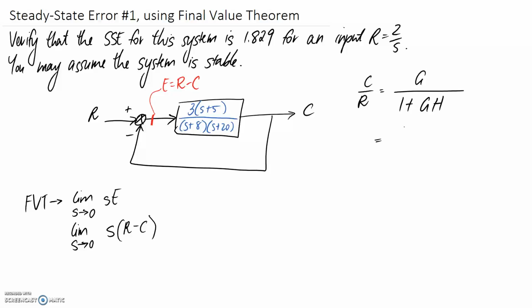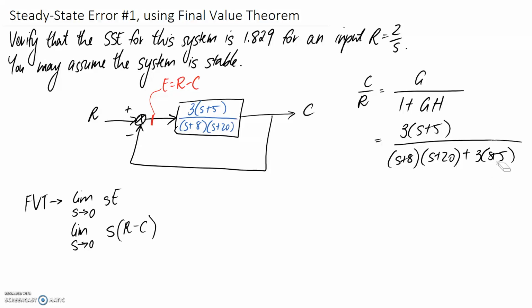So I'm just going to shortcut it. For unity feedback, we know that whatever is on the top line of our open loop transfer function also ends up on the bottom line, added in, when we close the loop. Okay, let's just make that a bit nicer. S plus 5.